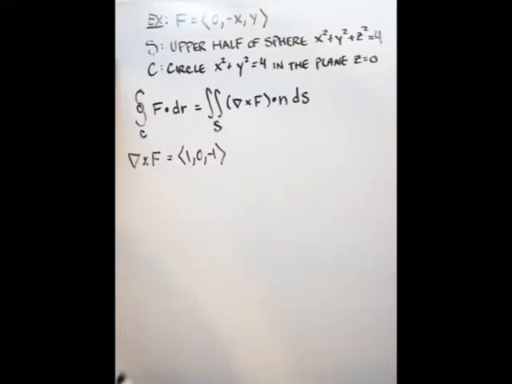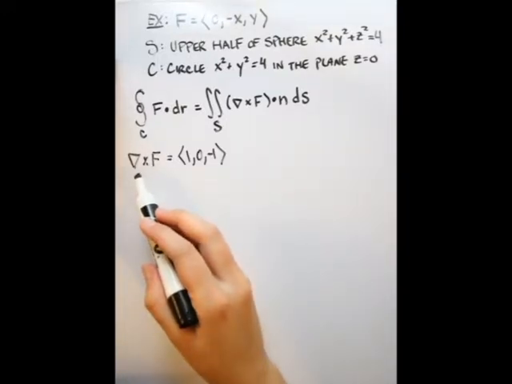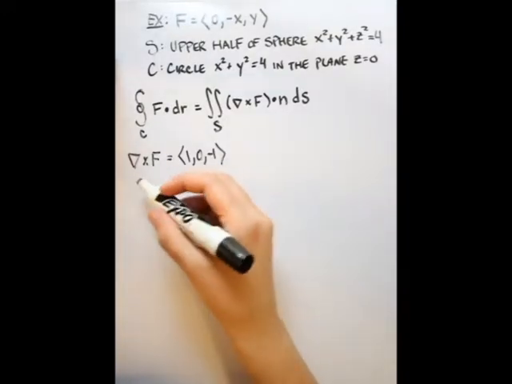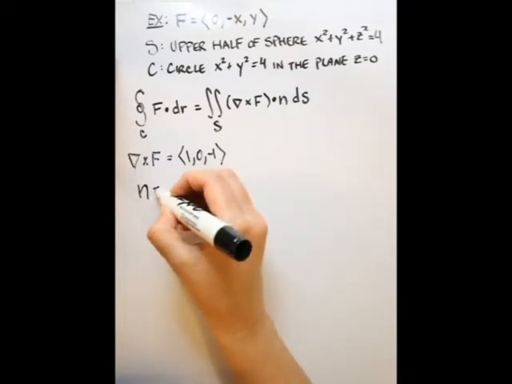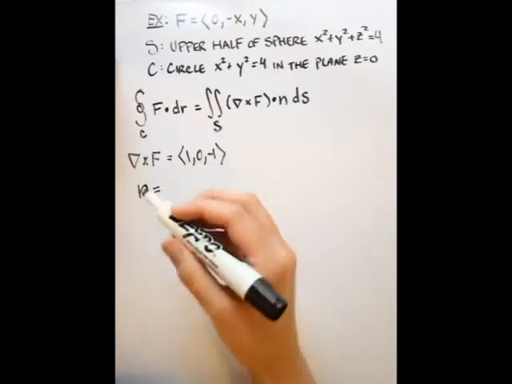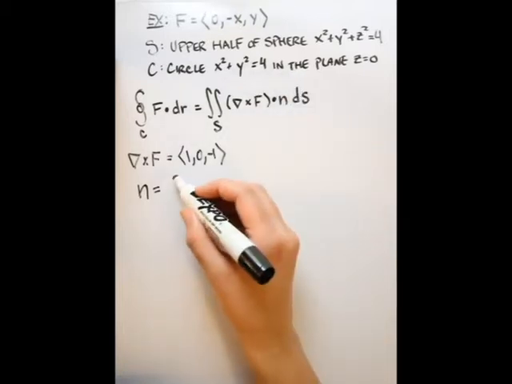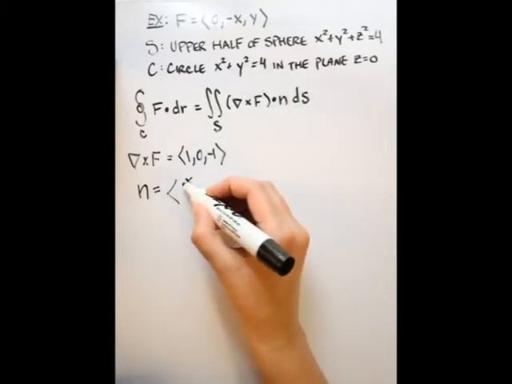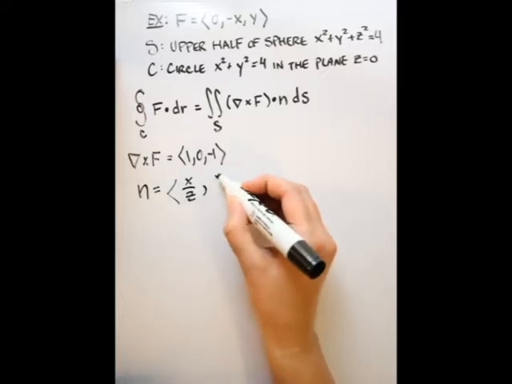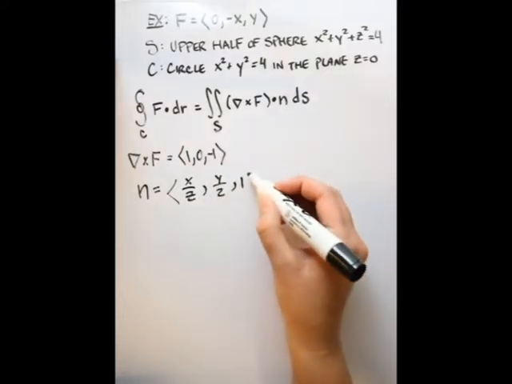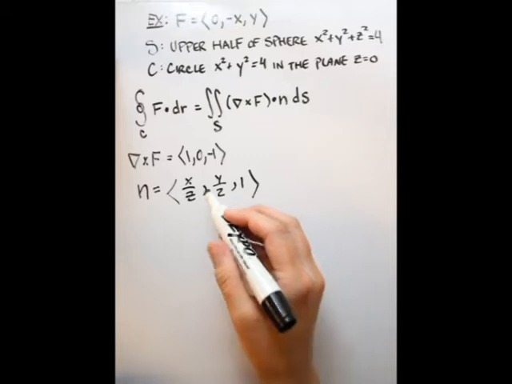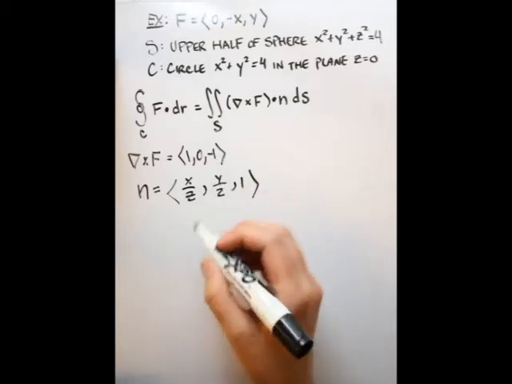Okay, so now we've found the cross product and we're going to dot that with our normal vector. For n, as we discussed a moment ago, for a sphere the normal vector was of the form x over z, y over z, 1. So we can use this, and we'll take the dot product of these two for our integral.